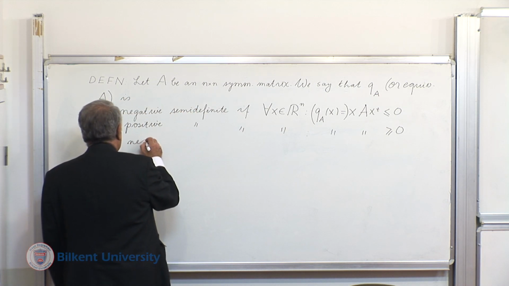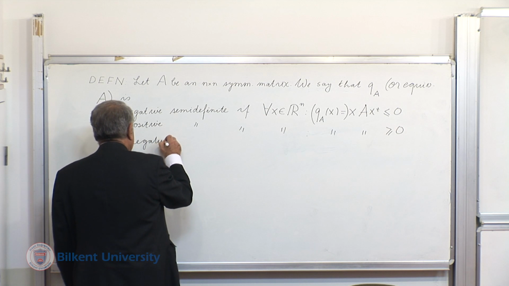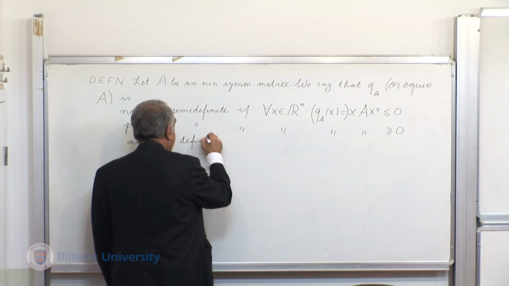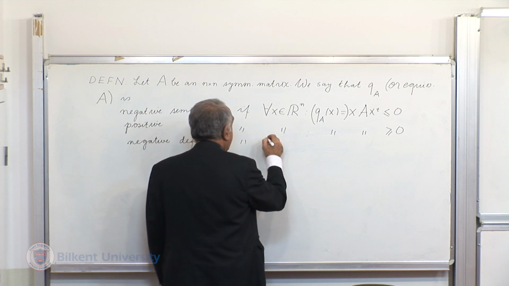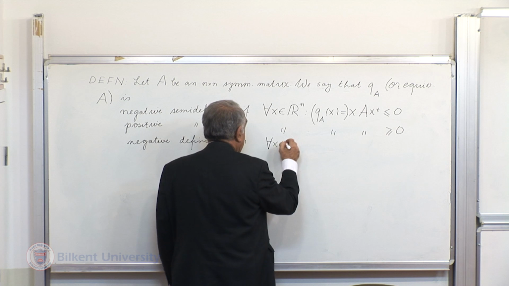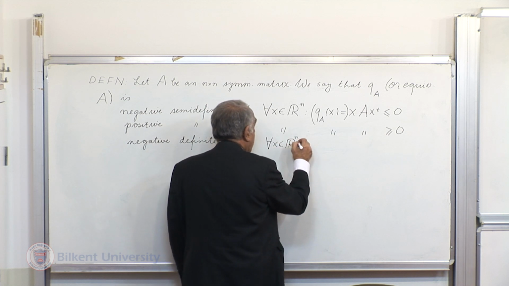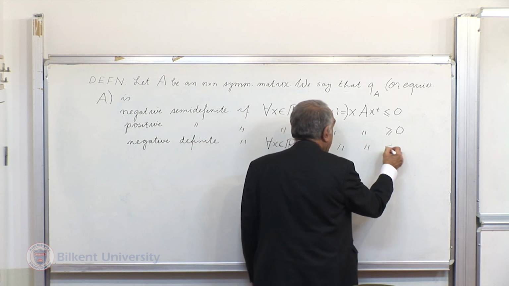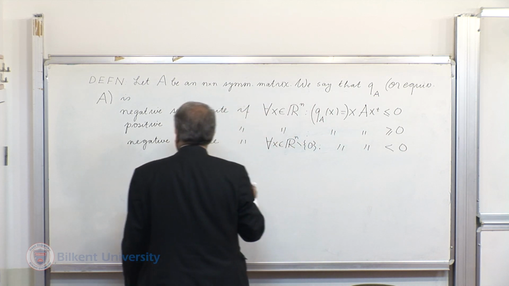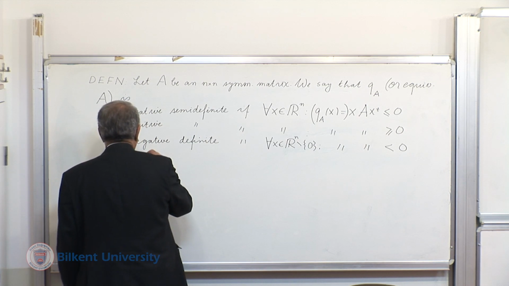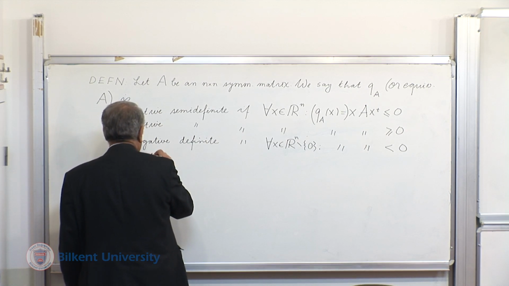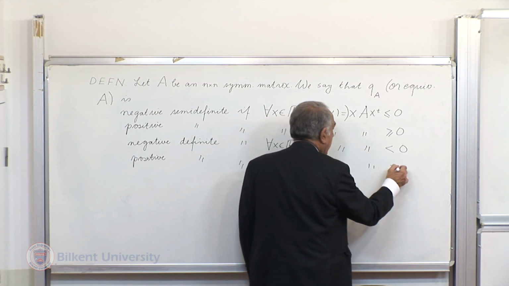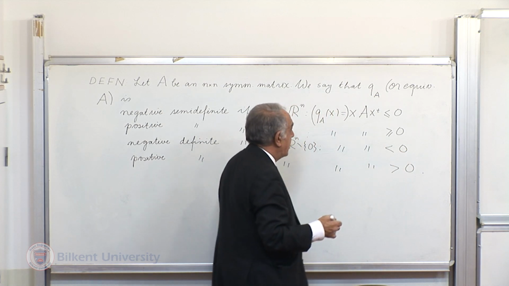It's said to be negative definite if for all x in Rn, with the 0 vector taken out, we have this less than 0, and we say that it's positive definite if we have for all such x this larger than 0.